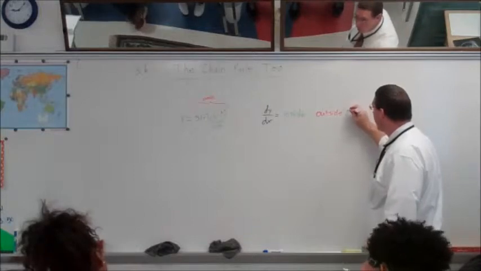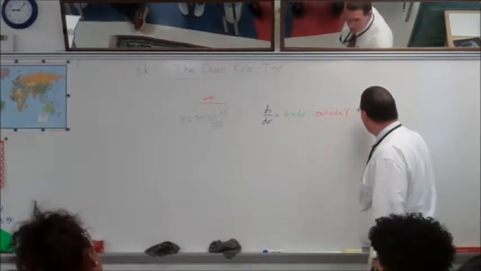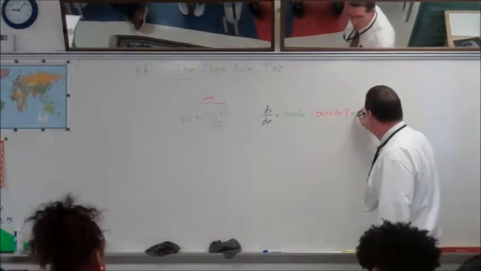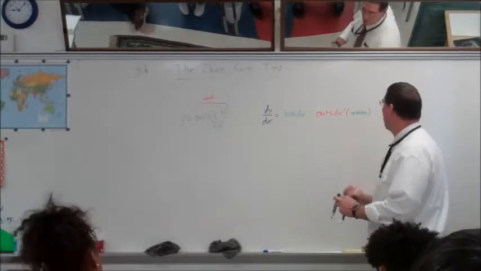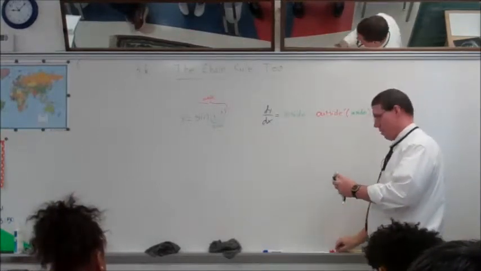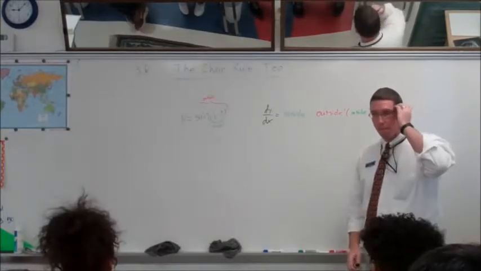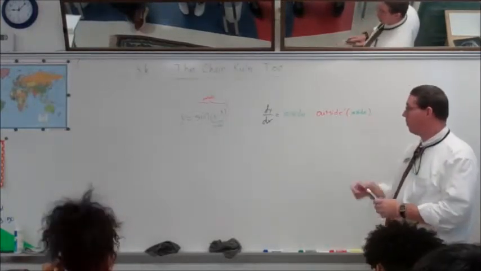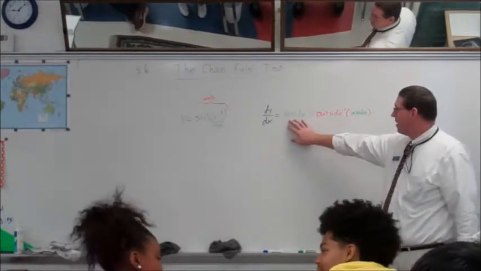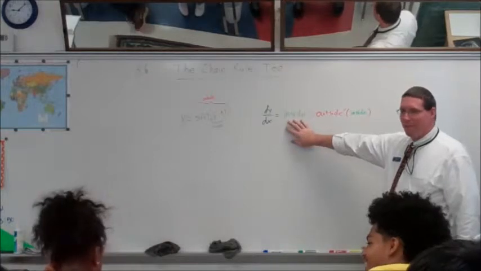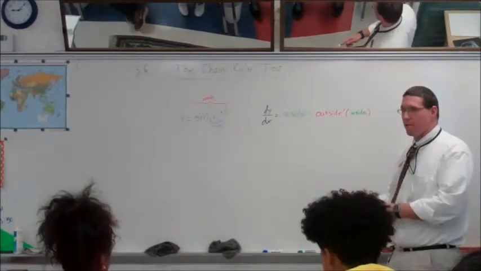When you do the derivative of the outside, though, you leave the inside unchanged. And that's the chain rule. We'll start with that one, and then we'll do a couple more. So the derivative of the inside times the derivative of the outside, but with the inside unchanged.